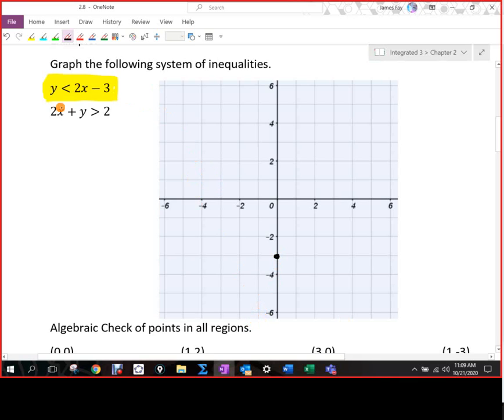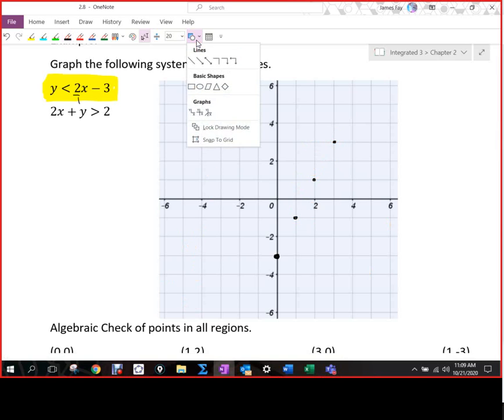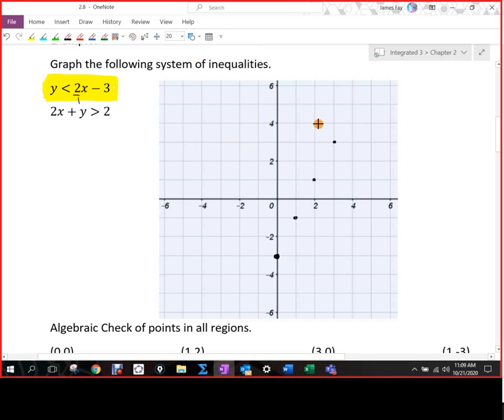All right, and now what is my slope for this particular one? 2. And as rise over run, it's 2 over 1, right? So I'm going to go up 2, and then to the right 1. Do that as many times as you need to get enough points to get a good line. We make our line.